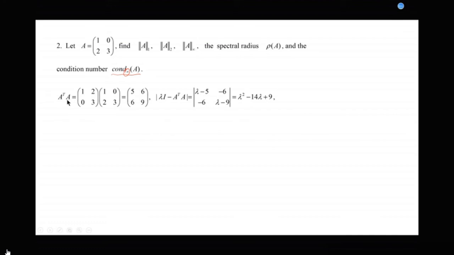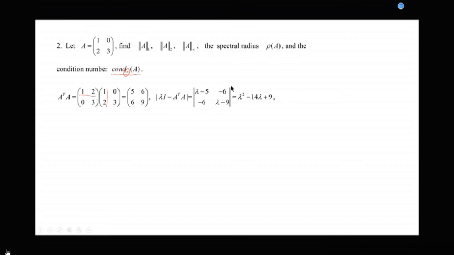So A transpose A, A transpose multiply A, is 1, 2, 0, 3 multiply 1, 0, 2, 3. The first row multiply first column, you will obtain 5. And also you can check, I omitted the detail. So 5, 6, 6, 9 is the product. And you need to compute the eigenvalue, right? So lambda I minus A transpose A: lambda minus 5, minus 6, minus 6, lambda minus 9, right?